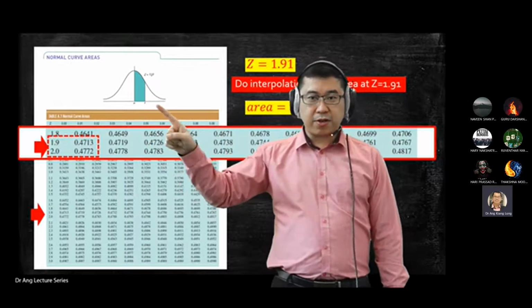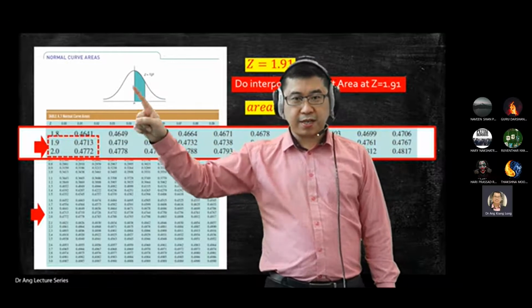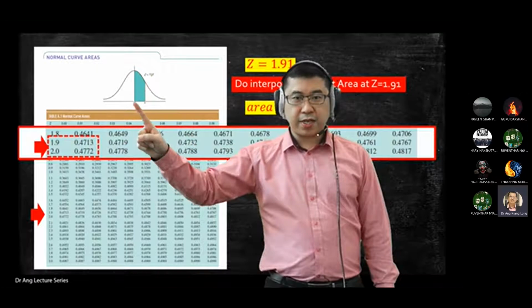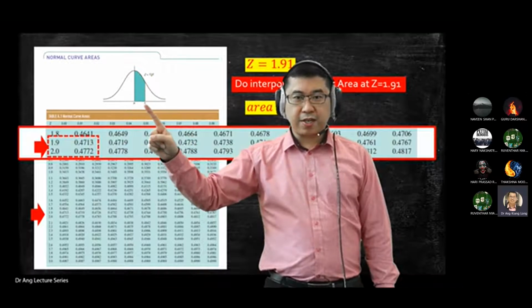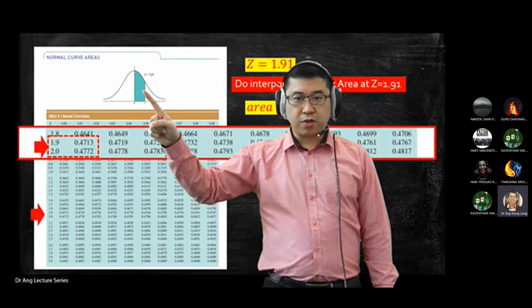You write on your drawing in your answer. You draw this shape, draw this line, draw the center, write 0 here. This is your Z. You write Z equals 1.91. You draw a line.